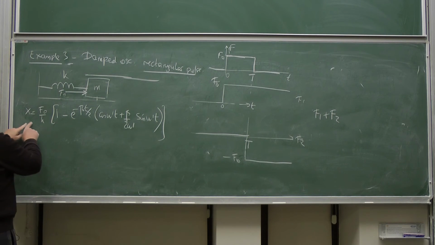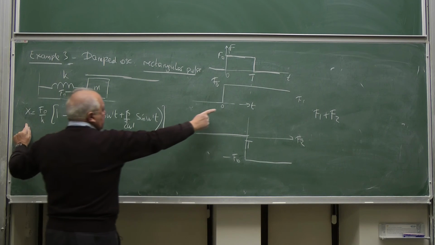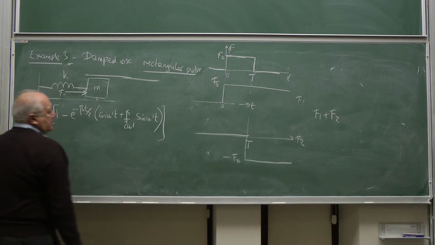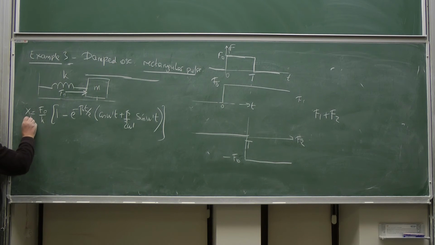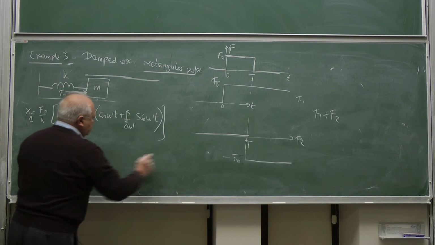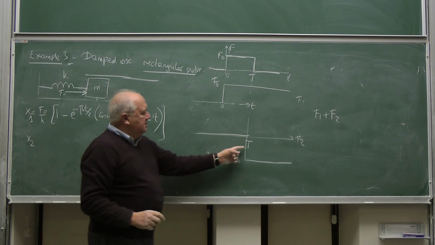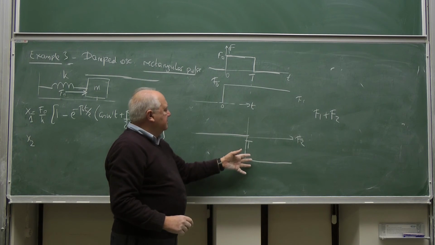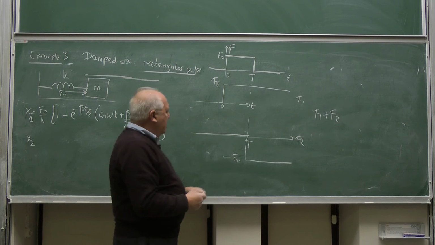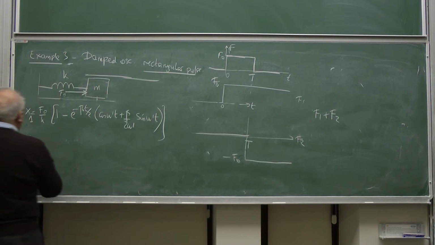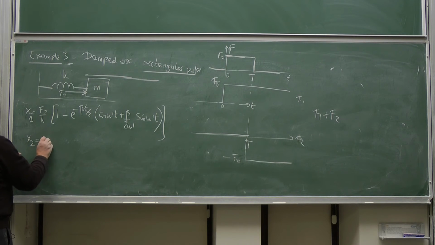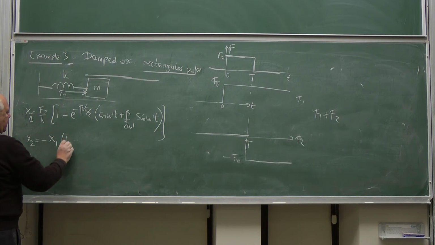This was the solution for F0 applied at time 0, so let me call it now x1. And for this thing, I will have a solution x2. x2 will be 0 up until time capital T, and then I know the solution. I can write x2 of t as minus x1 of t minus T, minus because the force is minus.